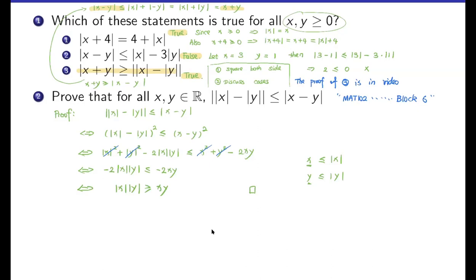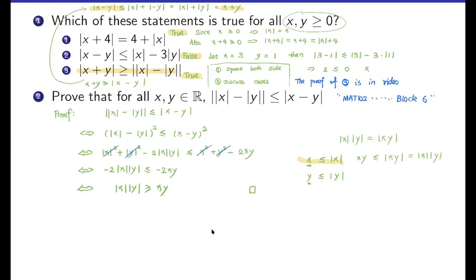Yeah, you can do that as well. So, in other words, xy is less than or equal to xy, which equals xy. You used this basic fact, but instead of x, you put xy in there.